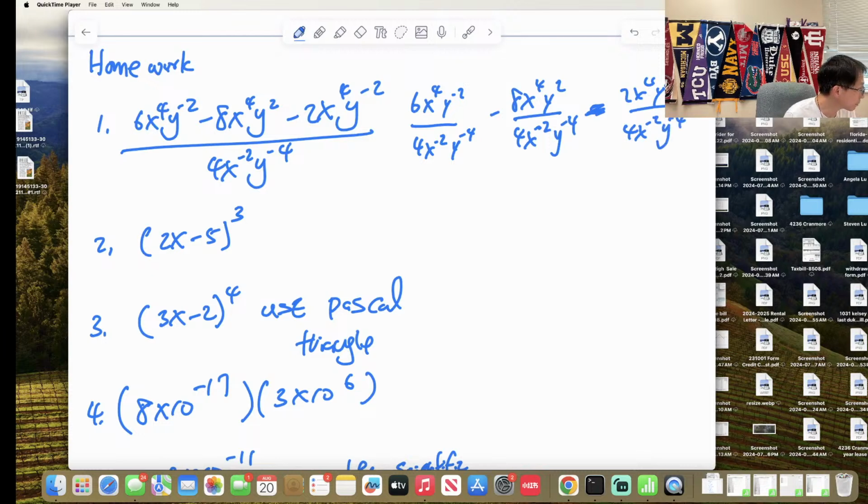Do you understand that? You split all of them, then just simplify. So it'll be 3 over 2. 4 minus negative 2 is going to be x to the 6. For y, negative 2 minus negative 4 is going to be 2.